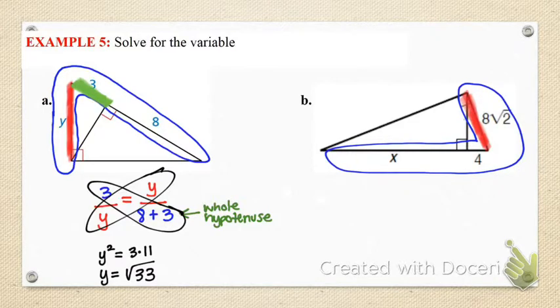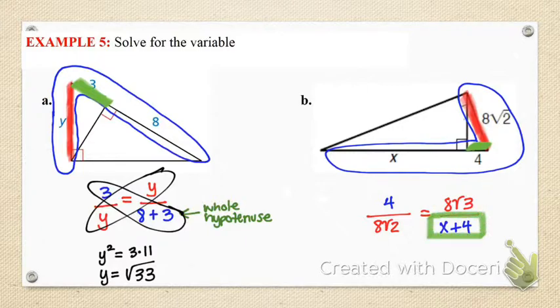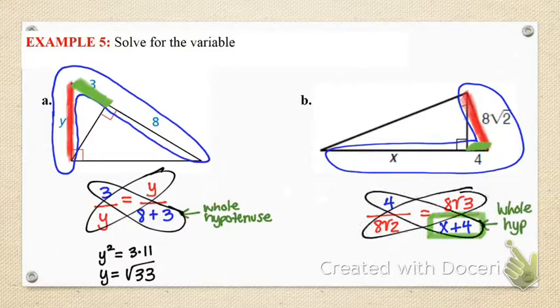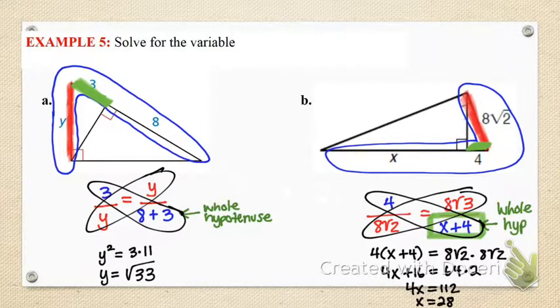The leg is the geometric mean of the piece closest to the leg, right there, 4, and the entire length of the hypotenuse. So notice that I had to do x plus 4 to find the entire length of the hypotenuse. We're going to cross multiply, and we're going to solve. We get x equals 28.